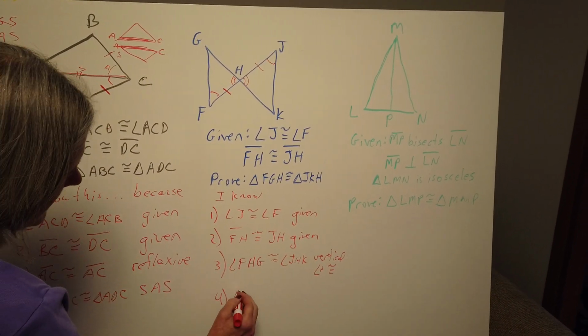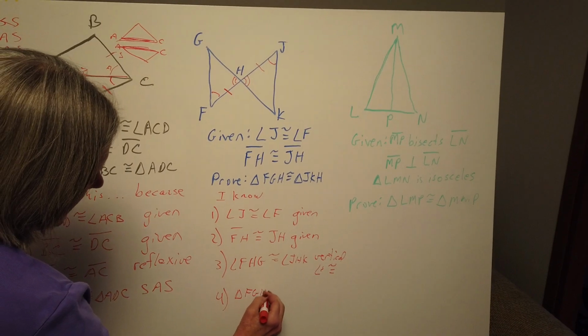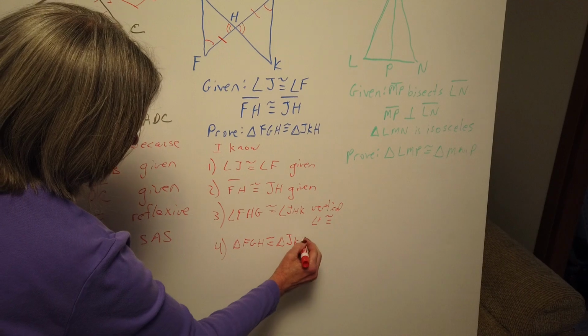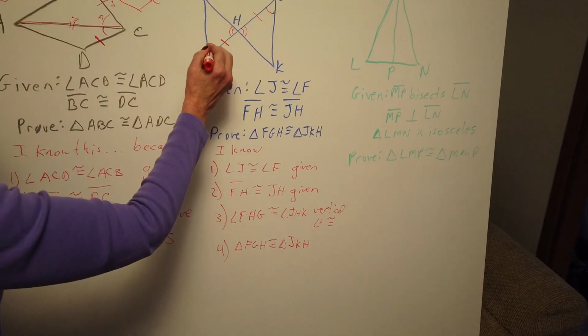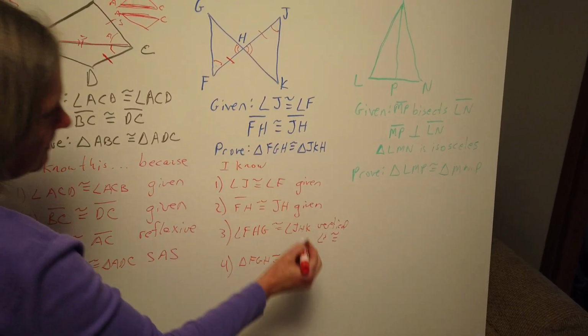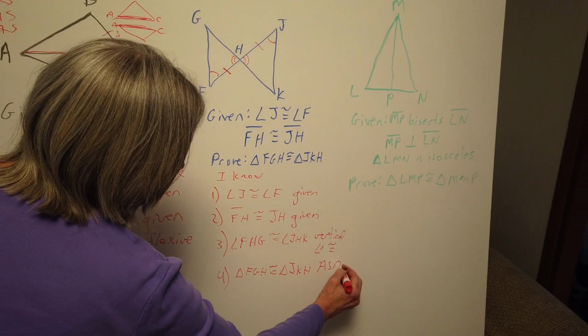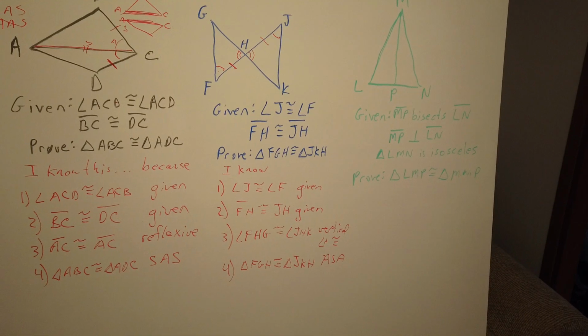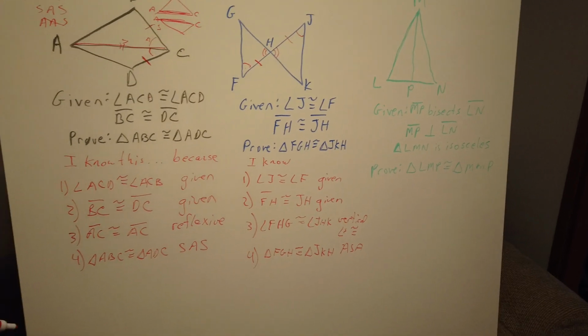Well, now that I have that, triangle FGH is congruent to triangle JKH by angle, side, angle. So just taking what we're given and then putting a little thought into what other pieces go together.